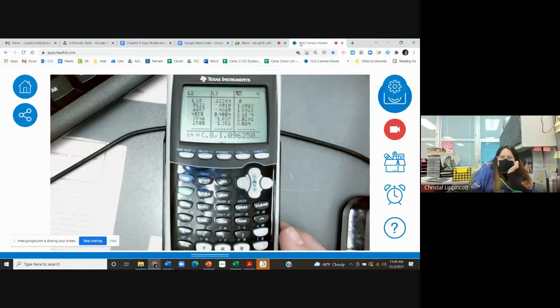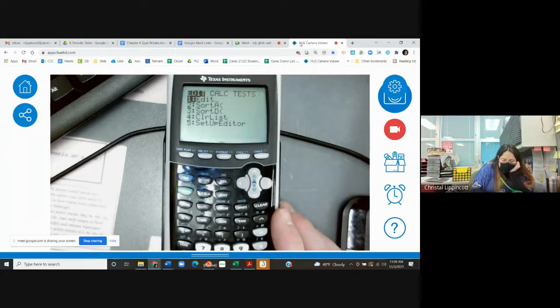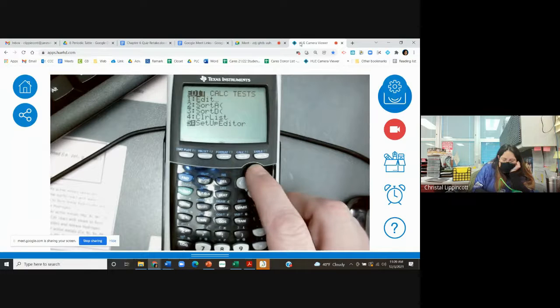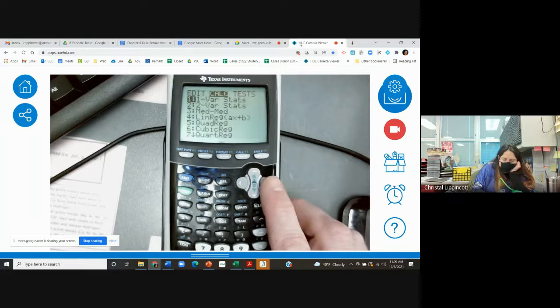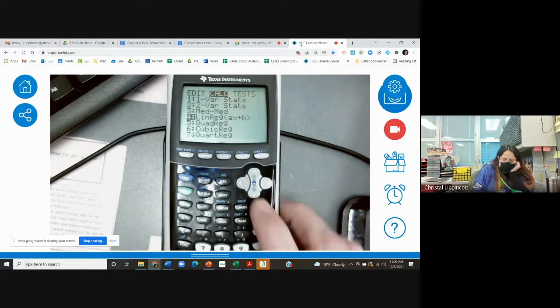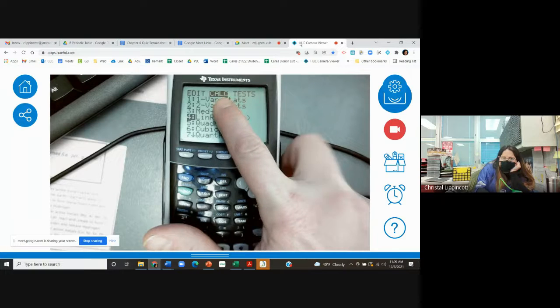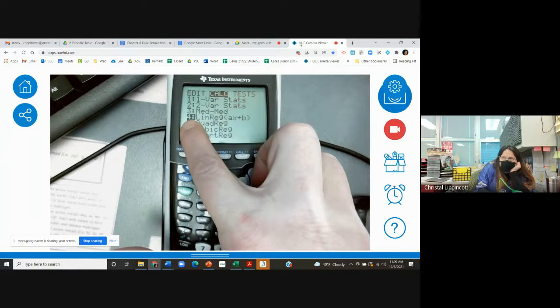All right. Now, I want to look at these graphs. Where do I go to look at the graphs? I want to hit stat. And now I want to go up here. I want to click over to calc. And then I want to go down to here. So stat, toggle over to calc, and go to 4.